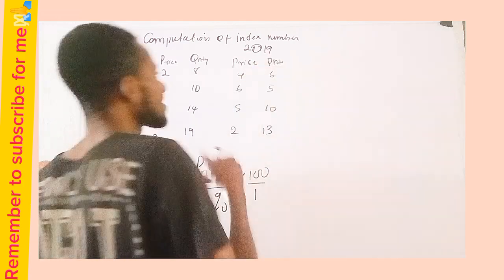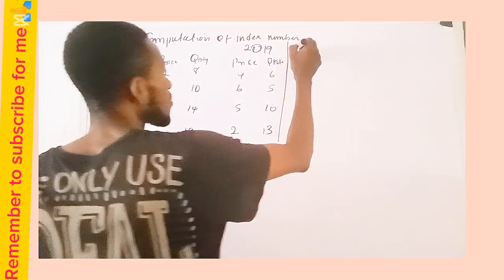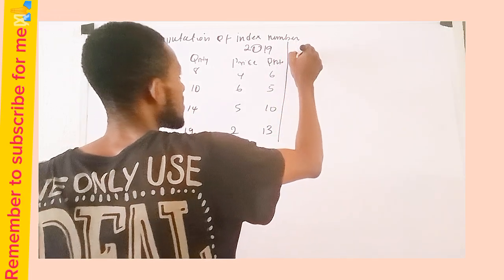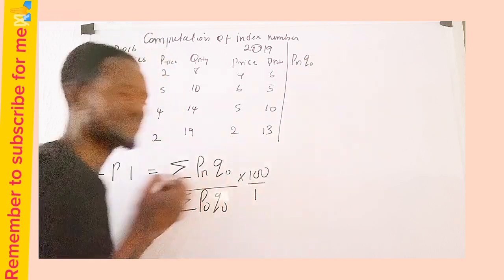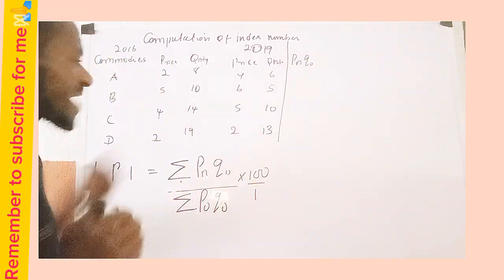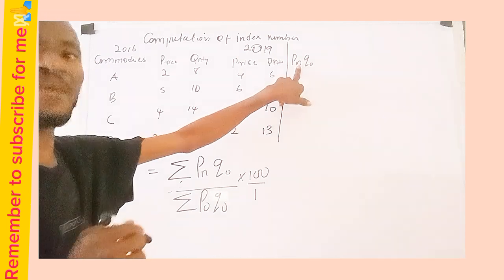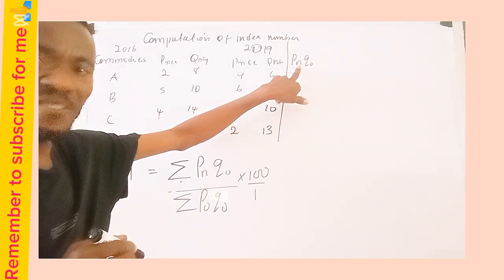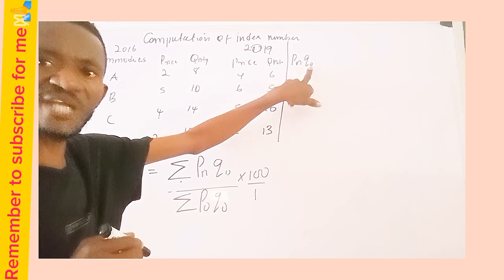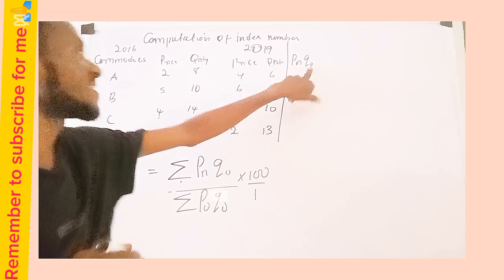So I will come to the table that is given to me and I will make a line this way and include P_n Q_0. So what is our P_n? P_n is talking about the price of the different commodities in the given year. Q_0 is talking about the quantity of the commodities in the base year.